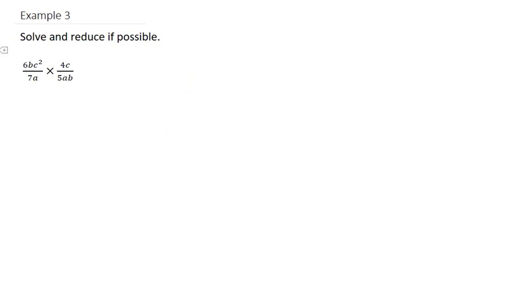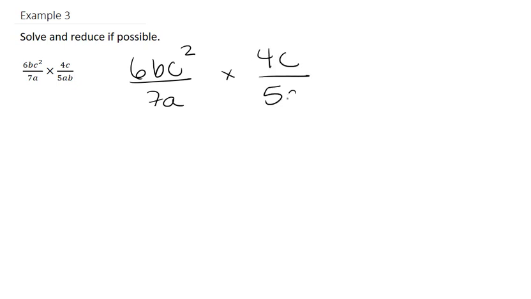Solve and reduce if possible. So here we have our problem. So we have 6bc squared over 7a times 4c over 5ab. So once again, we're going to multiply the top numbers together and multiply the bottom numbers together. But before we do that, we're going to reduce if possible.